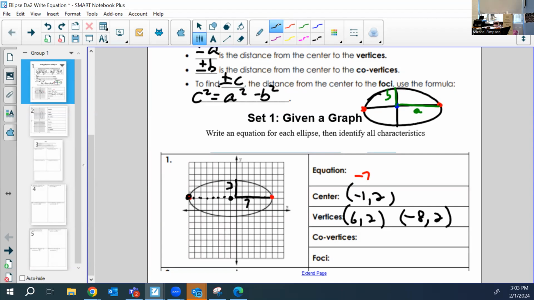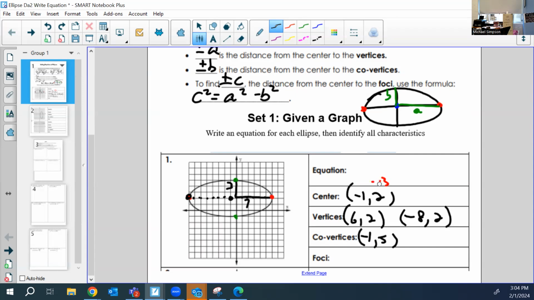And for the co-vertices now, I'm going to add 3 to the k value, because that's the y values. So I'm going to add 3 here, and that gives me -1, 5.